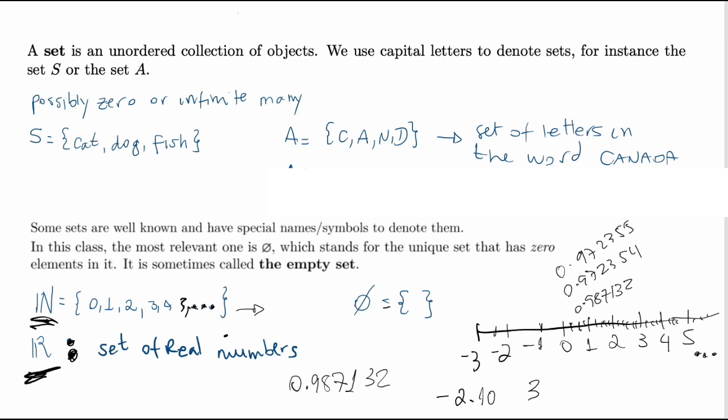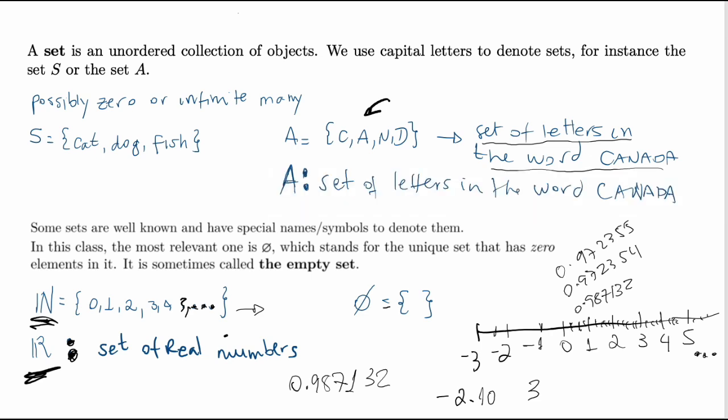You could also do that here, where you're saying, oh, this is the set of letters in the word Canada. We showed the set in curly braces, but we could also have described it with natural language: A is the set, so you have the colon and set of letters in the word Canada.